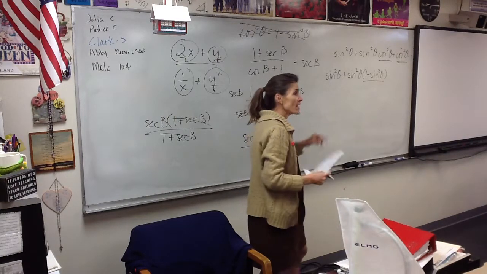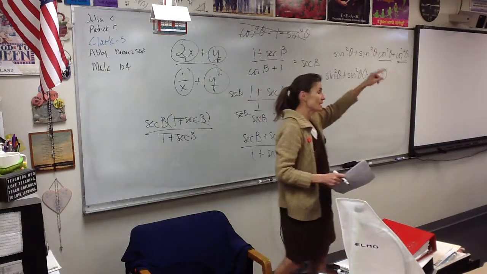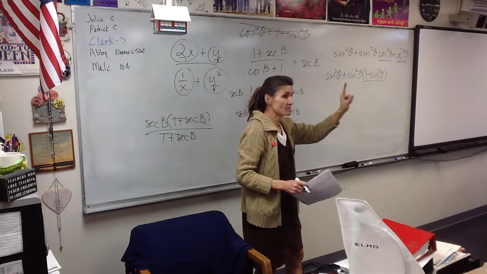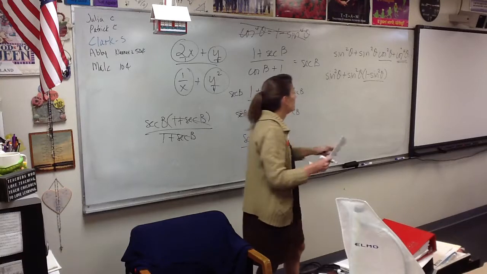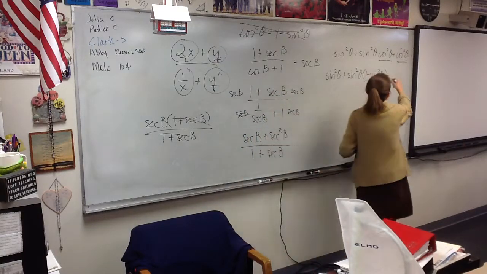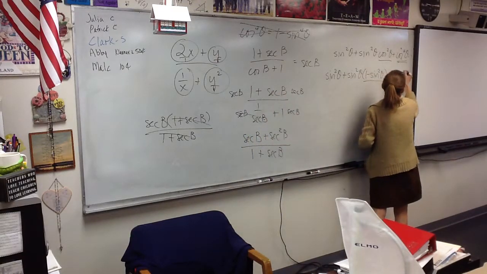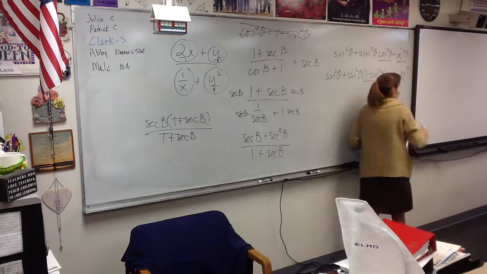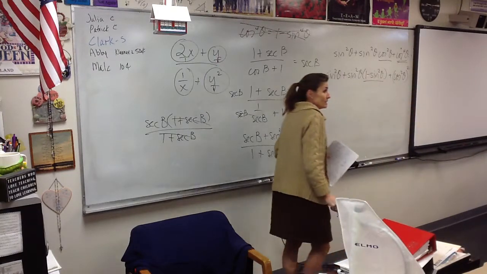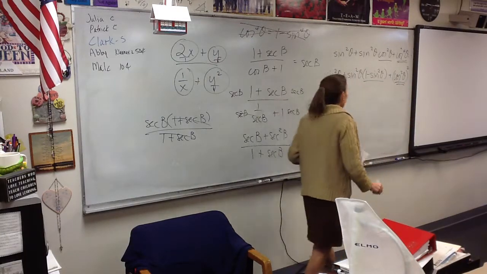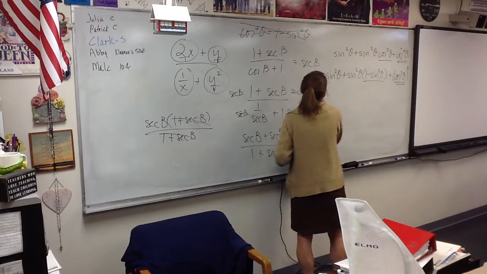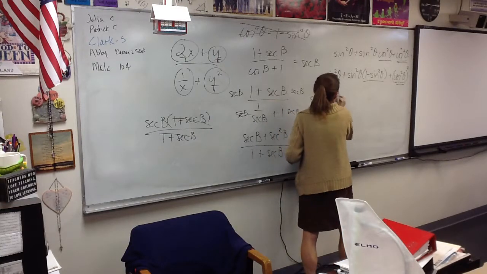If you're going to change sines into cosines and cosines into sines, they have to be squared. Period. That's it. That's your only option. They're squared. Cosine to the 4th is cosine squared squared. Would you agree with that?